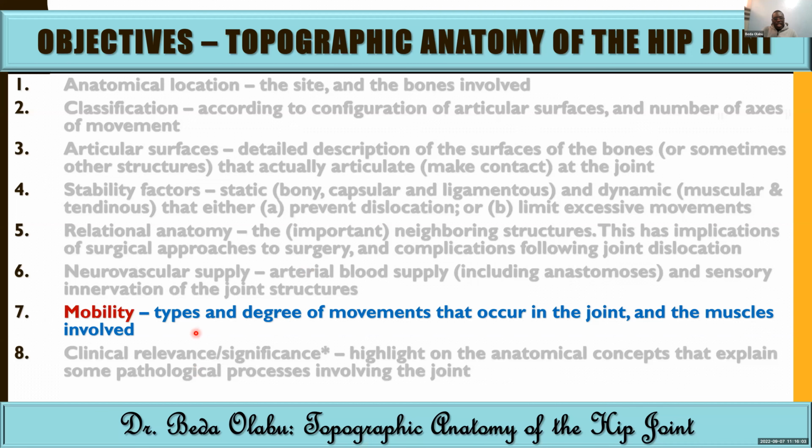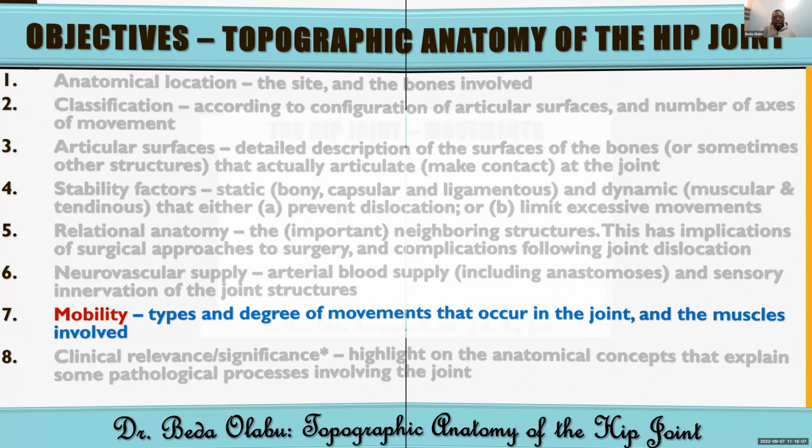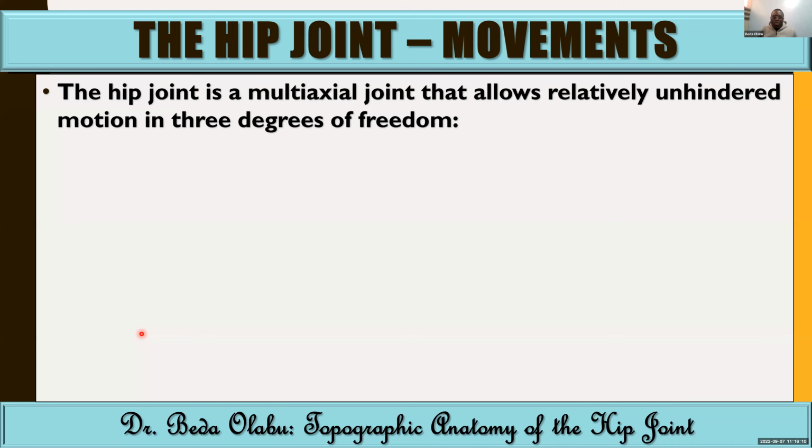Now let's talk about hip joint movements. The hip joint is a multi-axial joint, and that means it will allow movement in multiple axes. Having said so, we can describe 3 degrees of freedom.